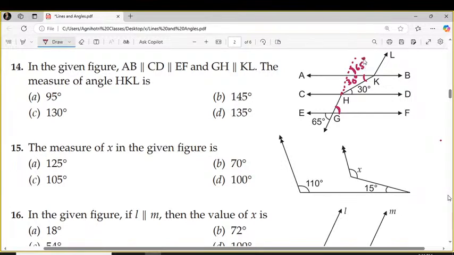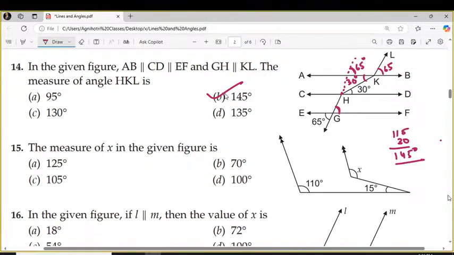This is 65, this needs to be 65, and that's why this is 115, and 115 plus 30 is 145. Is it your answer? Yes, sir.